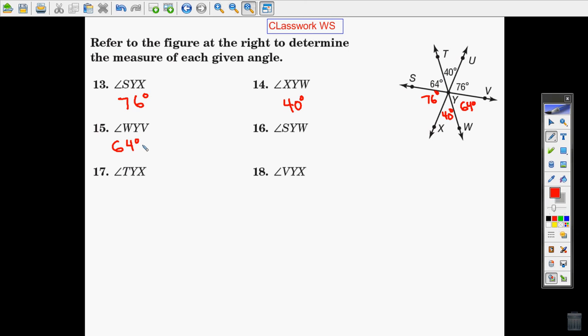Now let's take this information and make it maybe a little bit more difficult with SYW.